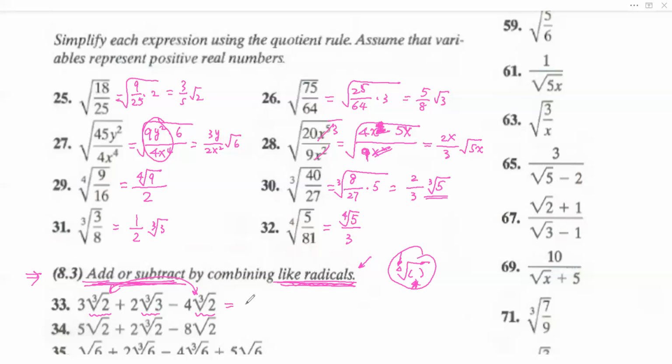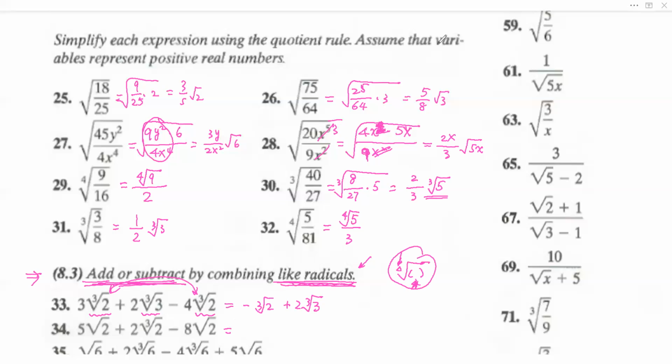So it became what? The radical part does not change. For the coefficient part, 3 minus 4 gives negative 1, so with a negative here. And this part has no others, so we just copy it as it is. Second, number 34.